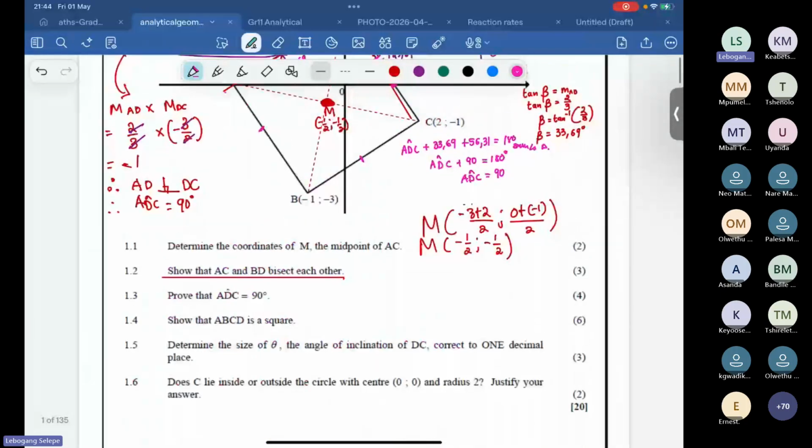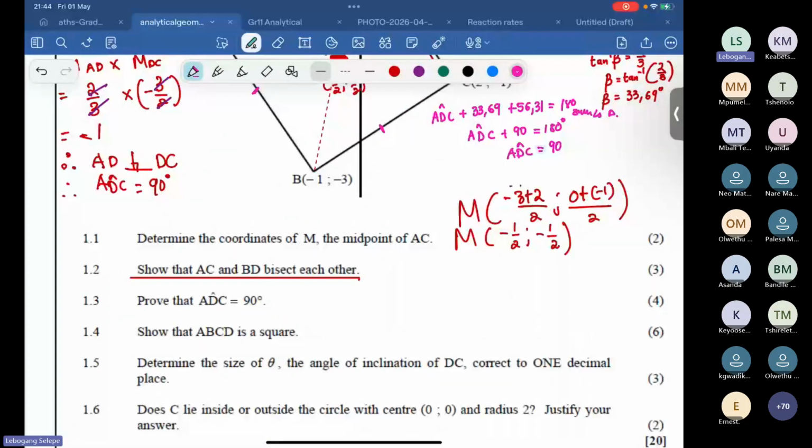So to work out this question, again, I think I mentioned this. Okay, it was not with you guys. It's important that you understand quadrilaterals or the properties, because if you have at least two of the properties, you can conclude that a certain quadrilateral is a square or a rectangle or whatever.